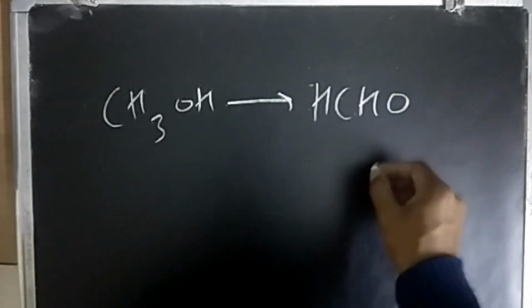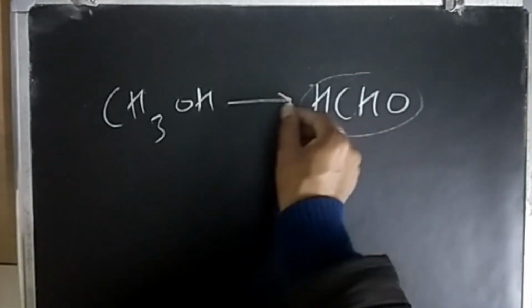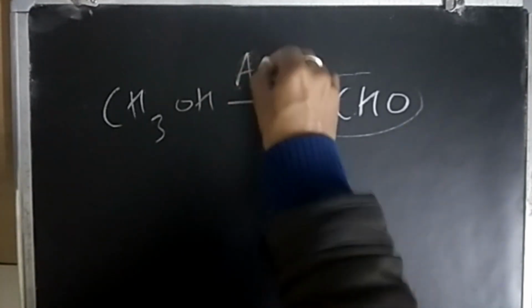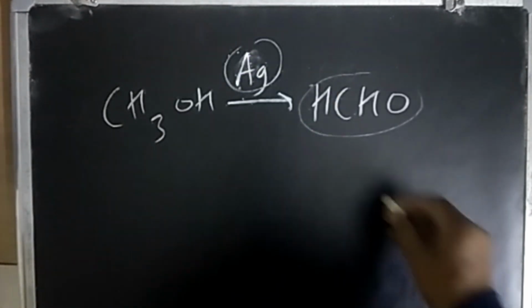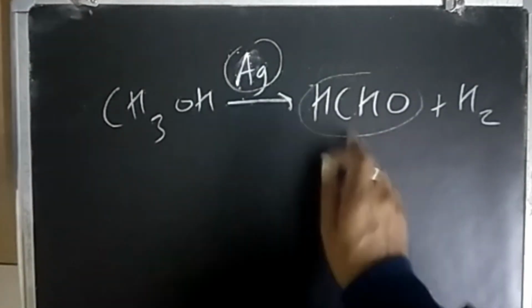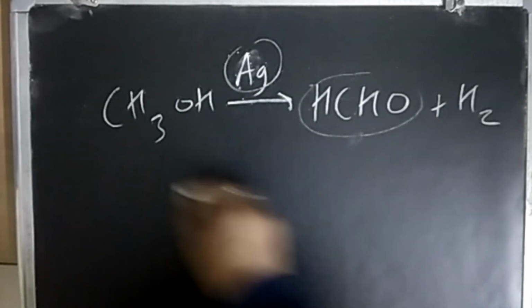Second is formaldehyde: from methanol we get formaldehyde. The product is cheap, but the catalyst is very costly, Ag, silver. So the way to remember is that a cheap product needs a very costly catalyst. Methanol to formaldehyde this way.